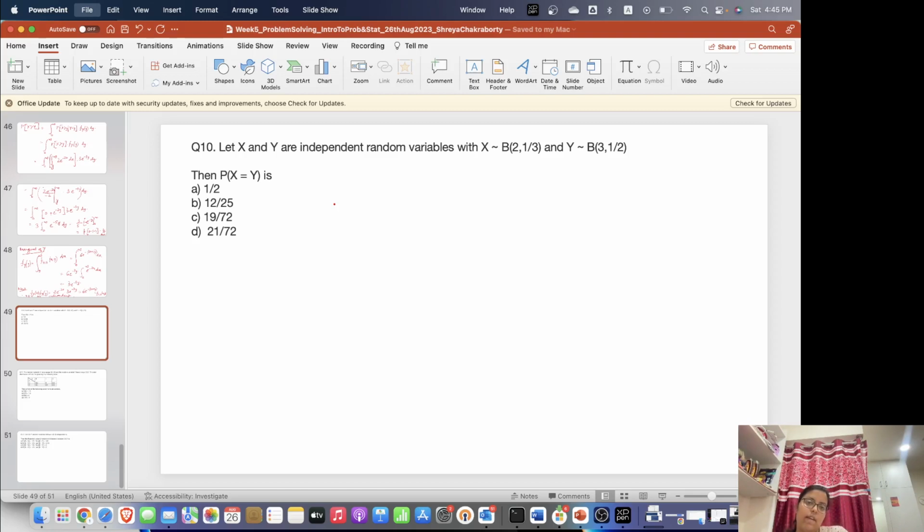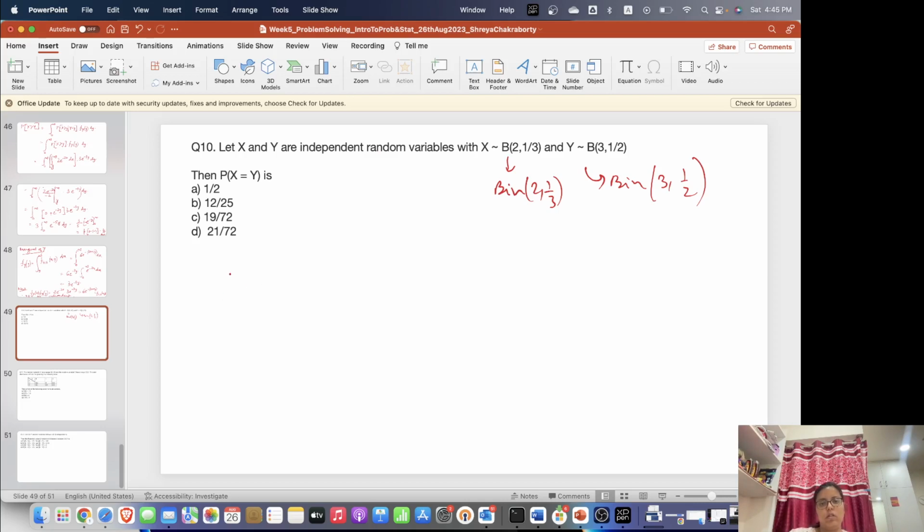So here we have: let x and y be independent random variables where x follows binomial(2, 1/3) and y follows binomial(3, 1/2). Then probability x equal to y is how much?